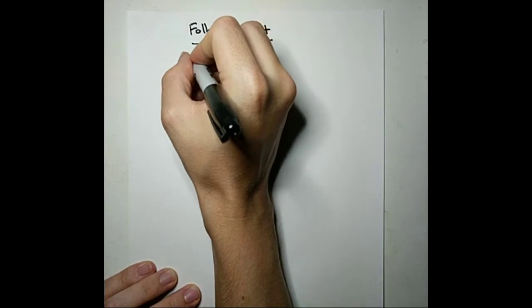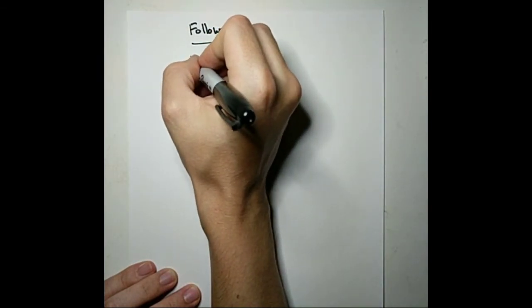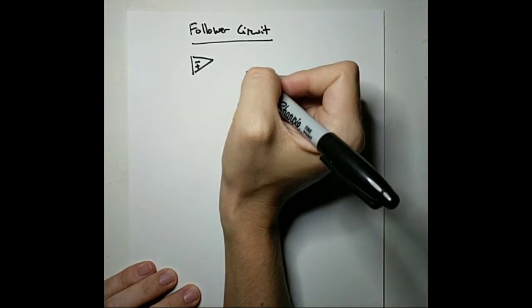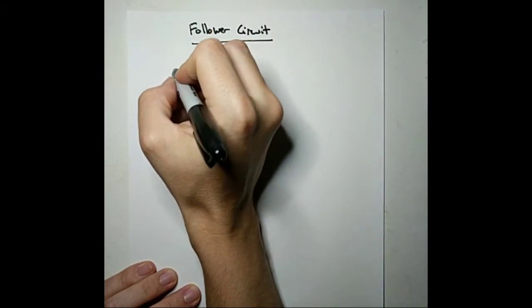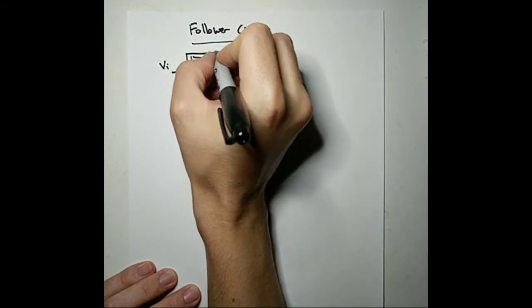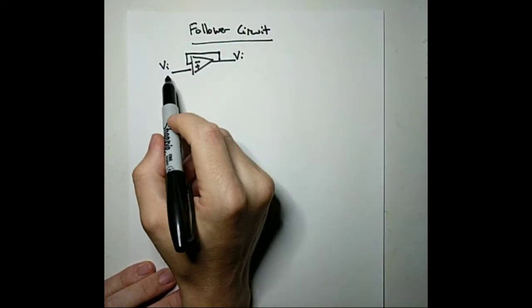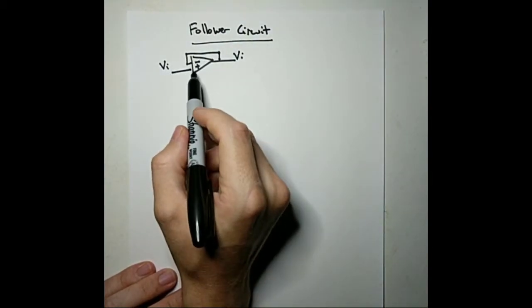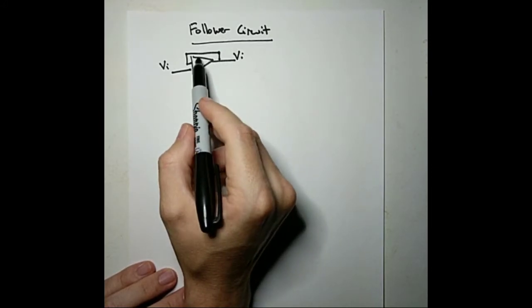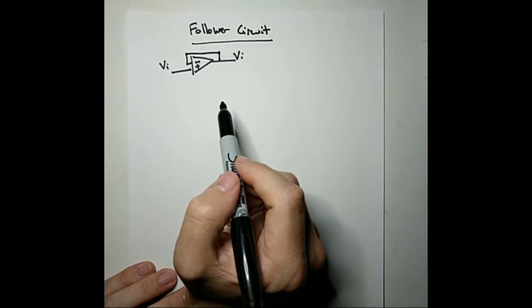So for that, we have our basic op amp. We have some voltage coming into the non-inverting input, and then we have the inverting input connected to the output.